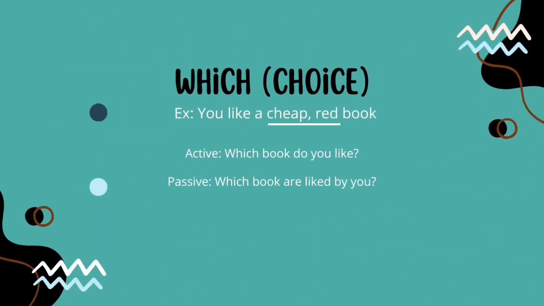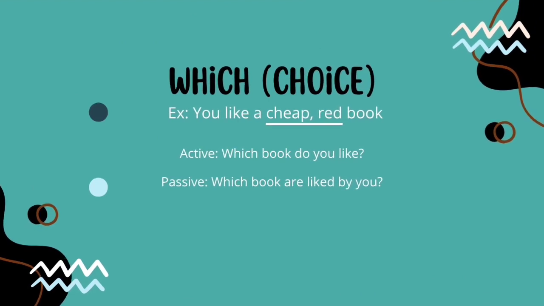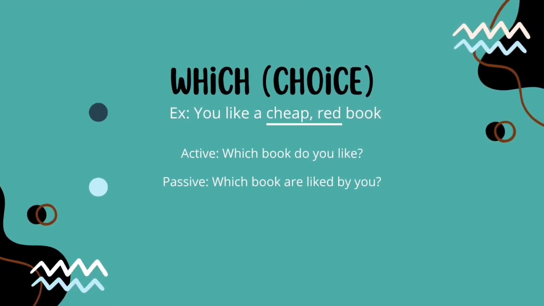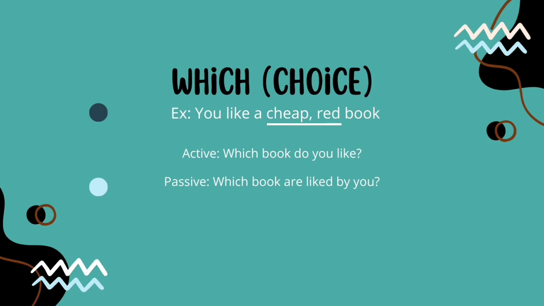And next one, the wh- question which. It's used for choice. The example sentence is, you like a cheap red book. So here we determine that we are going to ask about a cheap red.